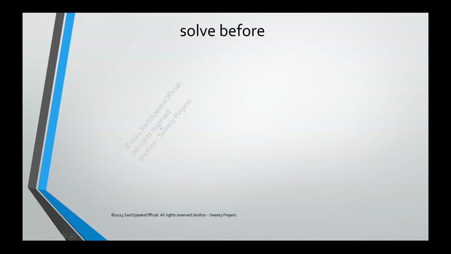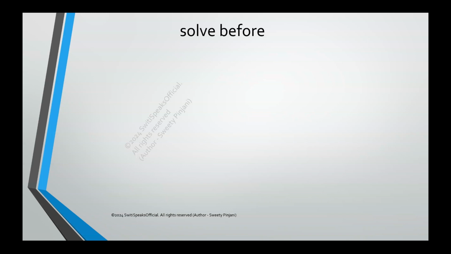Then through certain simple examples, we are going to run those coding examples, observe the output, and after understanding the output, the concept of solve before is going to be very clear. After today you should not get confused whenever you hear about solve before.